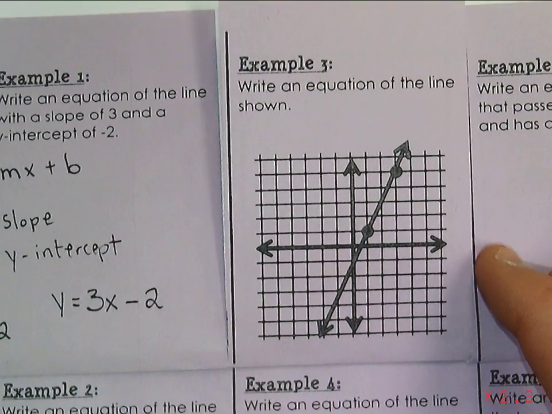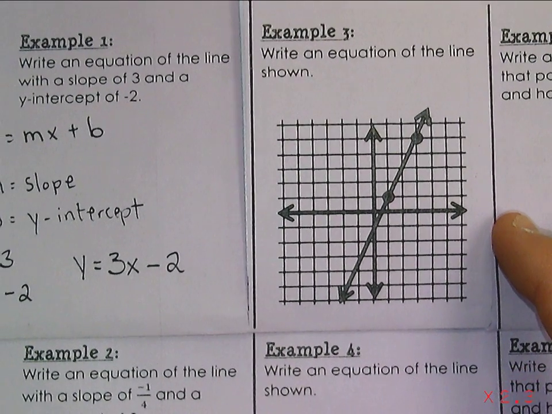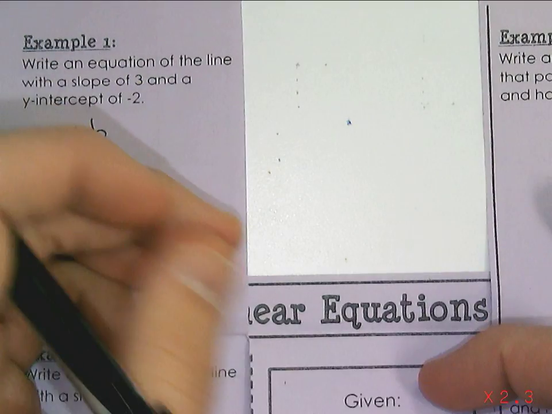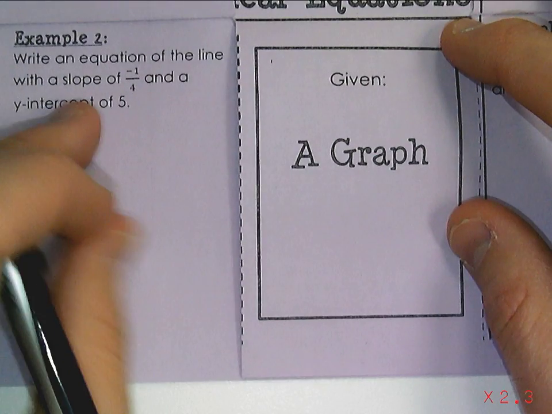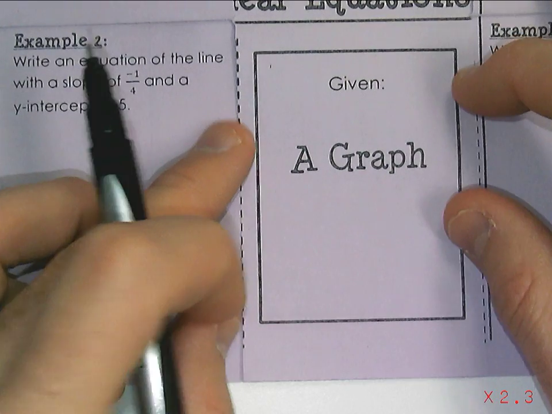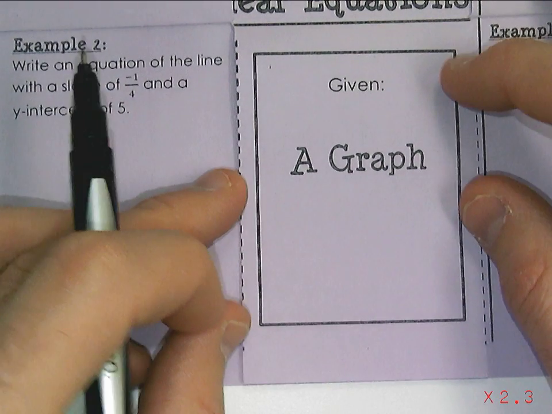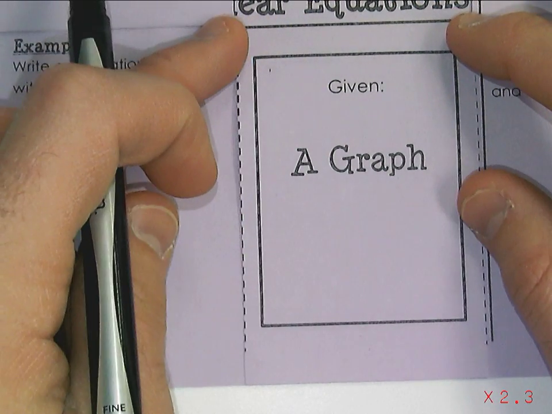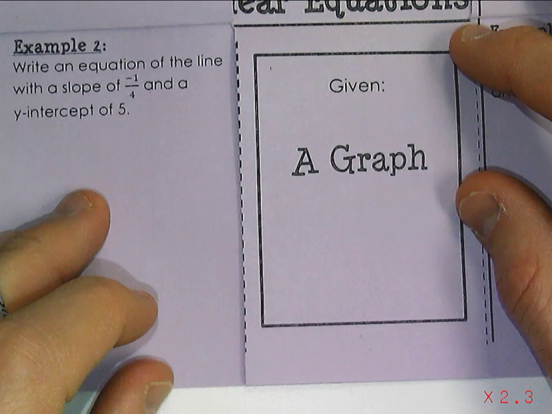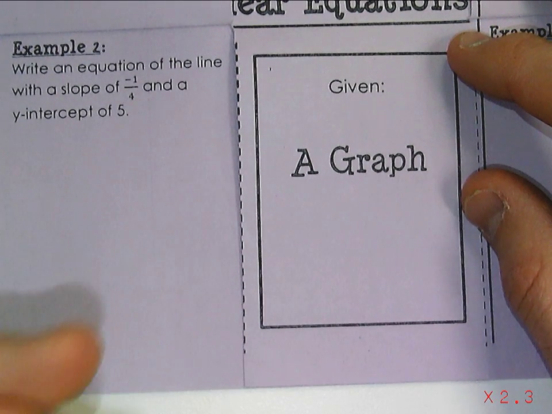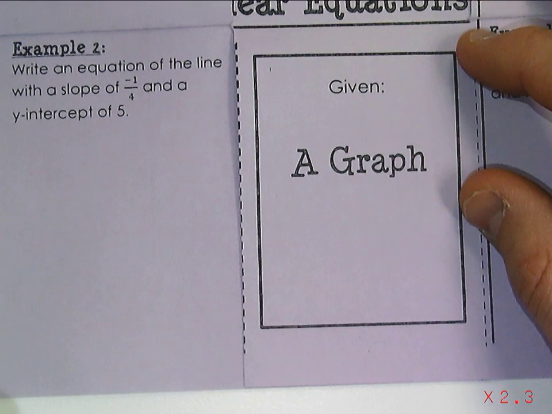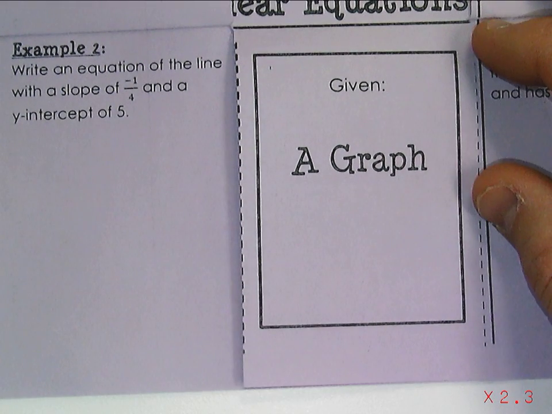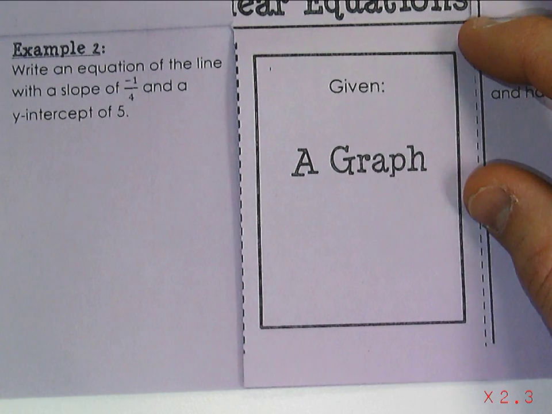And then let's move over to example 3 here. And we're going to write this equation in slope-intercept form. And we're given a graph. This we've been doing throughout the past couple lessons, especially when we first started working with slope-intercept form. We were writing the equation from a graph, and we were also looking at the graph and deciding what the slope was and what the y-intercept was.